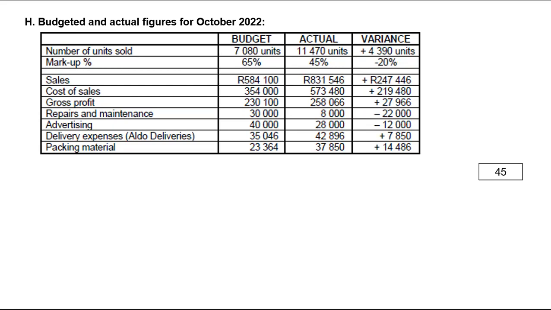That's what you can bring into this, that could have been the result why your delivery expenses are too high. But considering that our sales increased by 247,446, it makes sense. Obviously, the more we sell, the more we spend on delivery cost. I hope that makes sense.